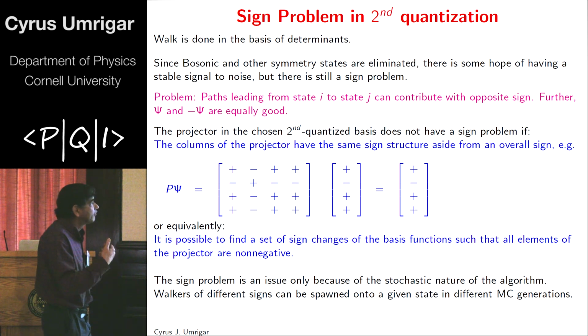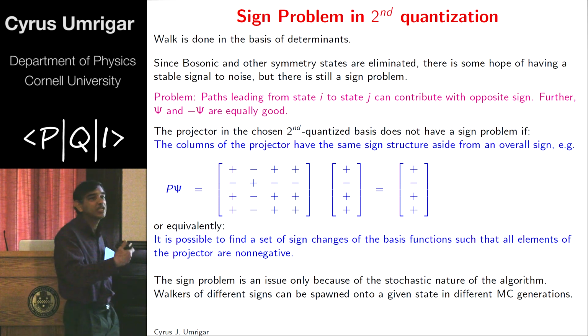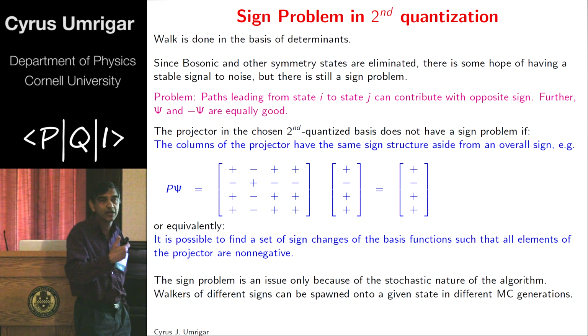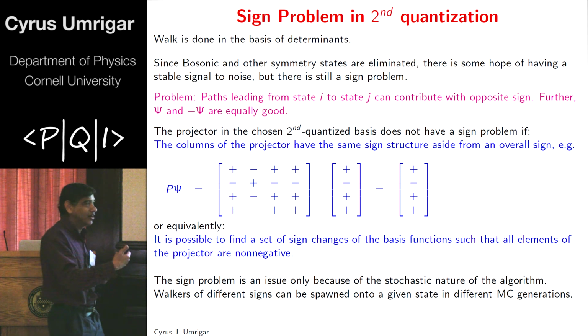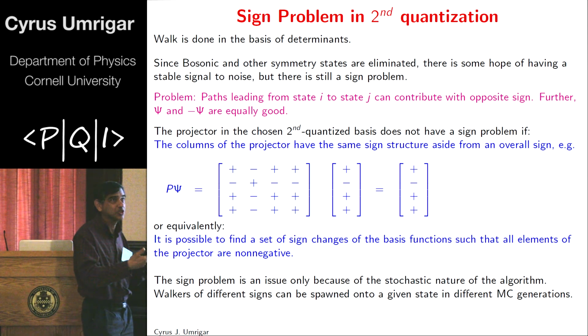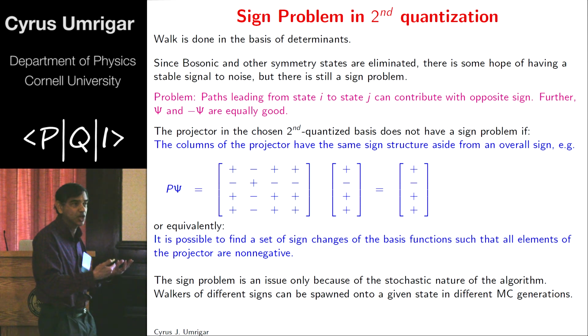If you're doing a deterministic projection, the fact that you have positive and negative contributions does not matter because you can just add them together and you get a net signal. You don't get a growing noise-to-signal problem. So you can solve the sign problem simply by having a very large population so that, in the limit of an infinite population, your stochastic projection looks just like a deterministic projection.